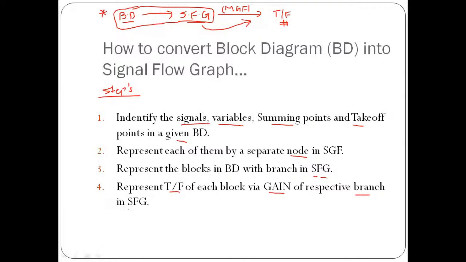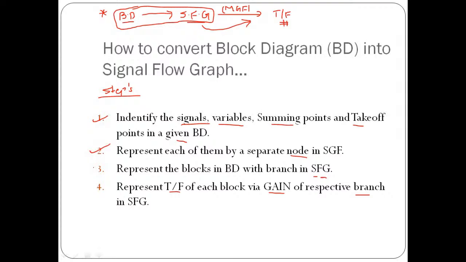And if you apply this particular logic, by the end of step number 4, whatever structure we are having with us for a given system represents the signal flow graph for that particular system. That's it. So step number 1, we need to identify signals, variables, summing points, takeoff points available in the block diagram. Then represent them by a separate node.